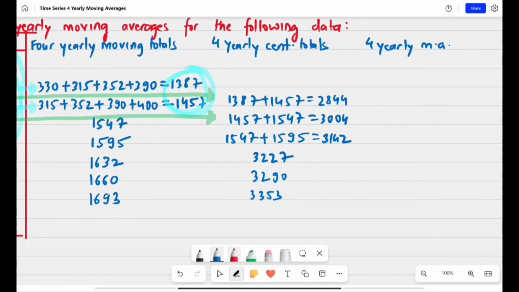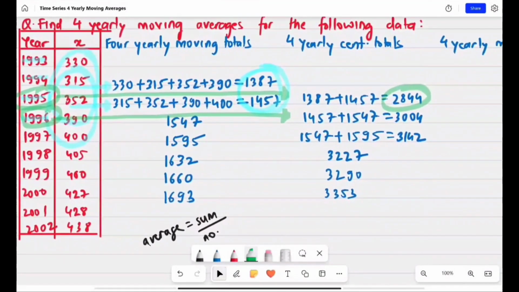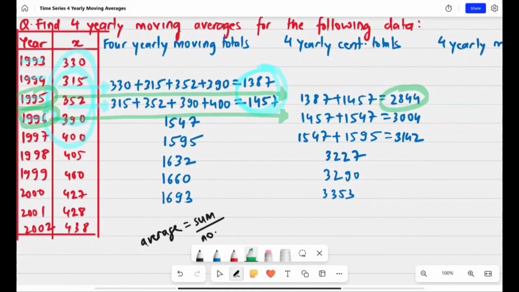And as we know, the formula for average is nothing but the sum divided by the total number of observations. So in this case, we have the number 2844, and that is mapped against the year 1995.